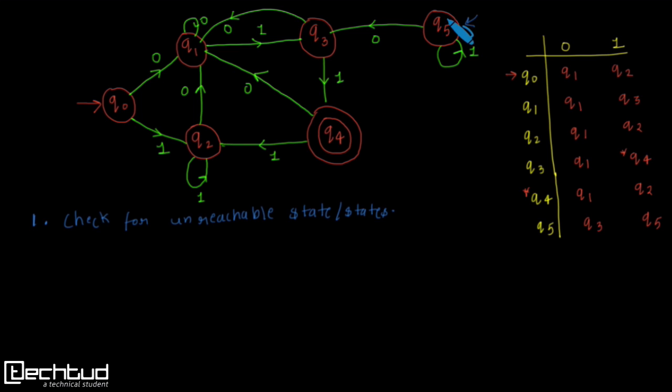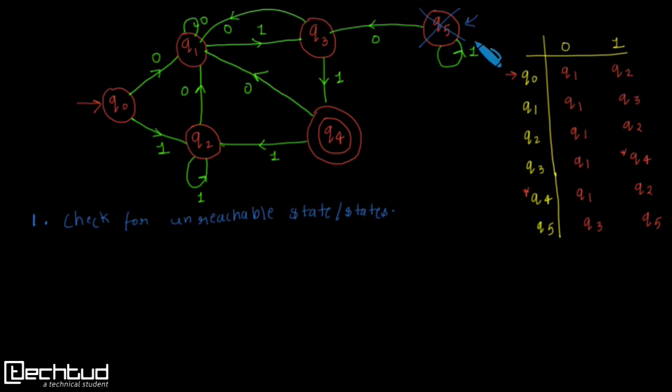Here you can see that you cannot reach state Q5 from the start state because there is no path reaching Q5. So state Q5 is redundant. It is not required because we cannot reach this state. So we will directly delete this state.